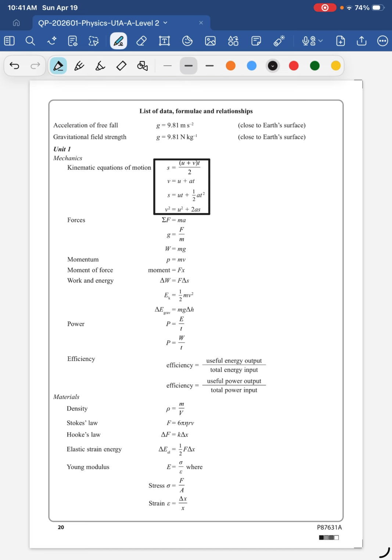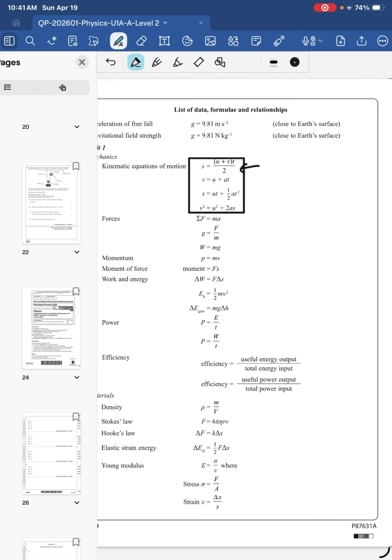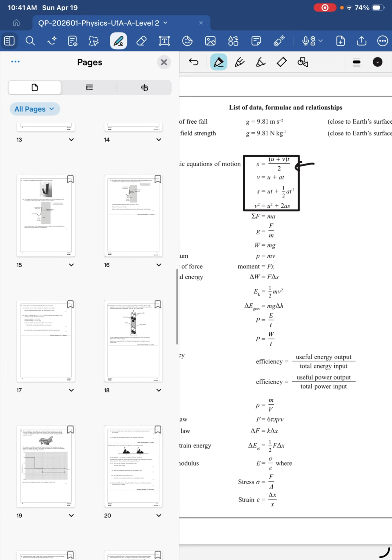Basically, you have to look out for an equation that includes distance, velocity, and time. It doesn't include acceleration in this case. So the only option is the first equation, this one. Even though we do know the acceleration, it's on an incline ramp and it creates all sorts of problems, so it's easier to use the first equation. Okay, let's go back.